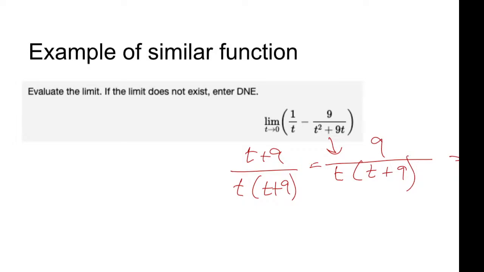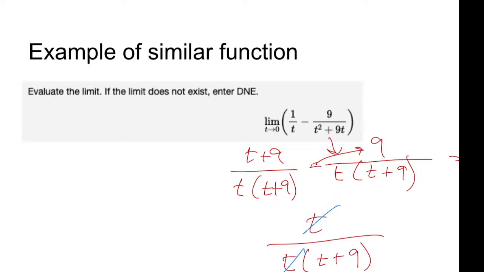So then in the numerator, we get t plus 9 minus 9, so that minus goes there. In the denominator, we have t times t plus 9. Plus 9 and minus 9 is 0, so we're left with t over t times t plus 9.